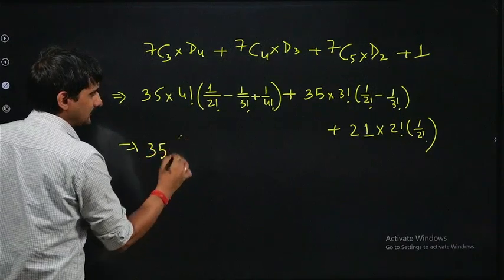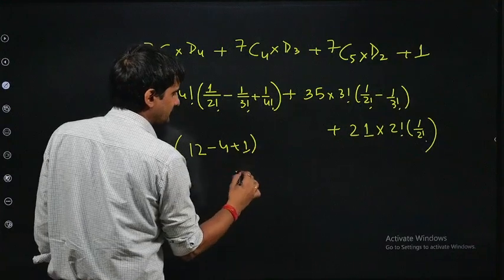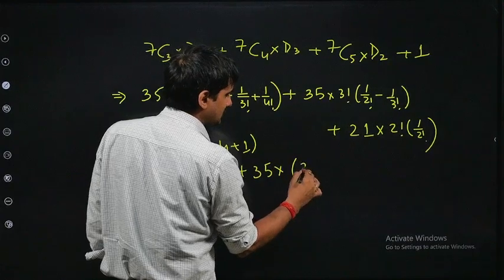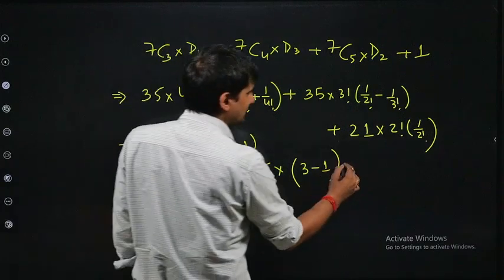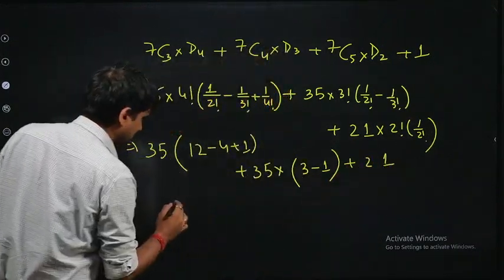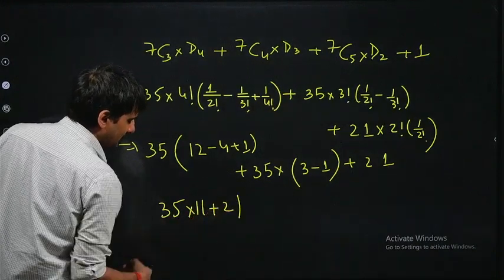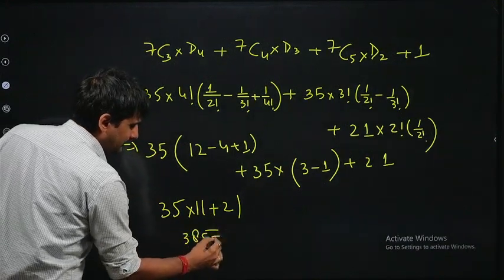So 35 into 12 minus 4 plus 1, plus 35 into 3 minus 1, isn't that? Yeah, 3 minus 1, plus 21. So how much is it? So 35 into 9, so 35 into 11 plus 21. 11 5s are 55, 5 5s are 25, 3 carry, 385, plus 21.